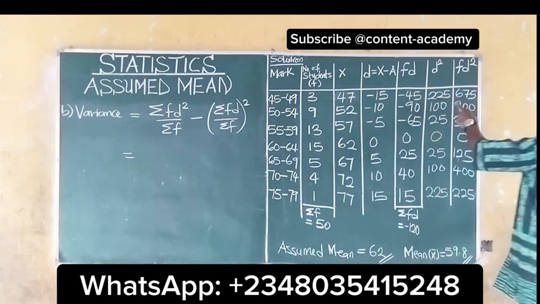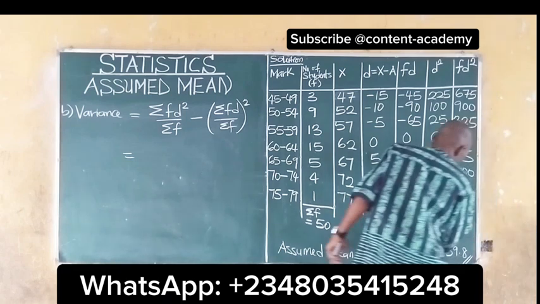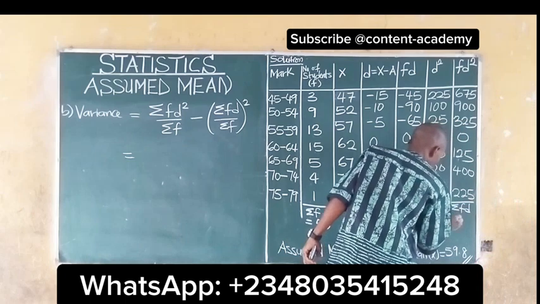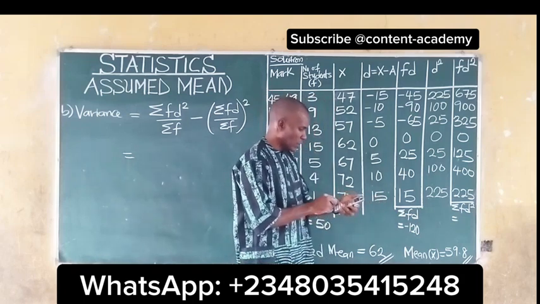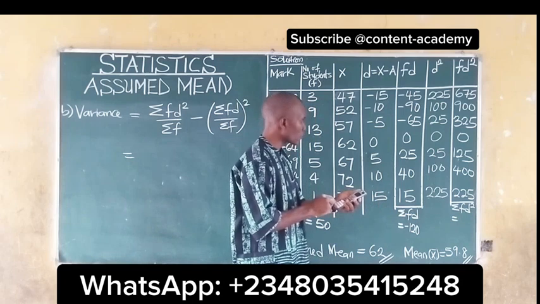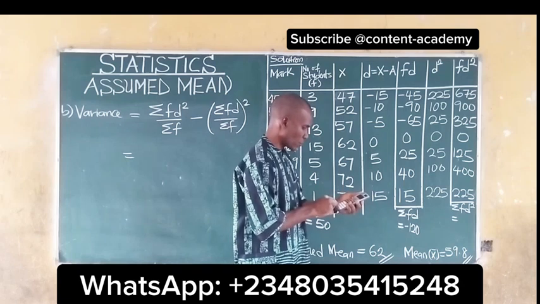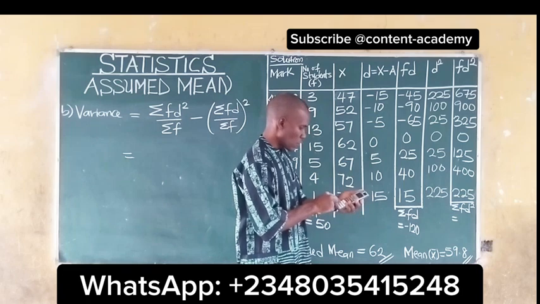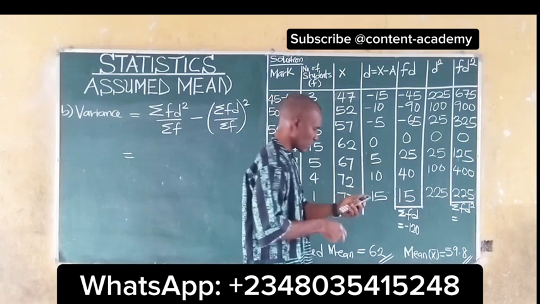So we have to add the whole of this to get summation of f d squared, which is 675 plus 900 plus 325 plus 0 plus 125 plus 400 plus 225.